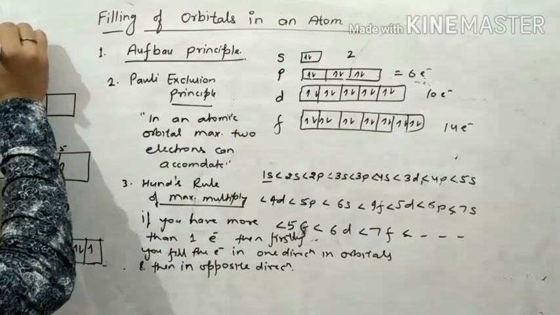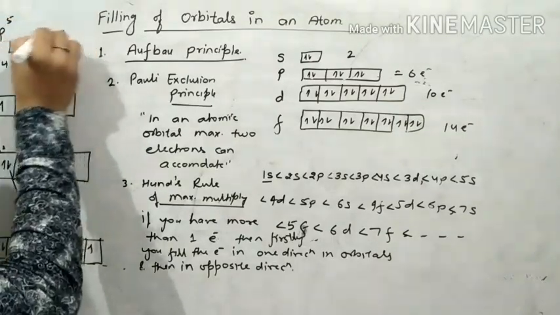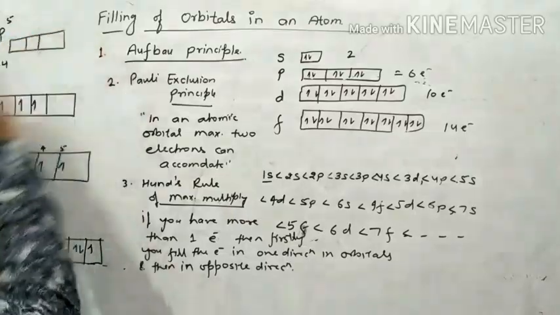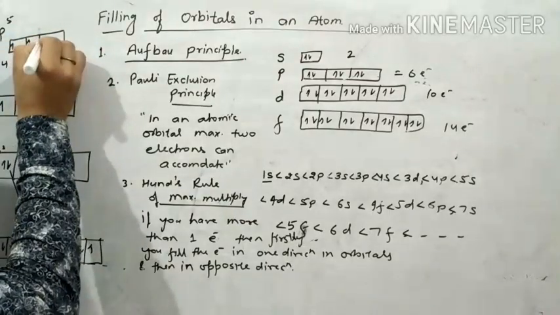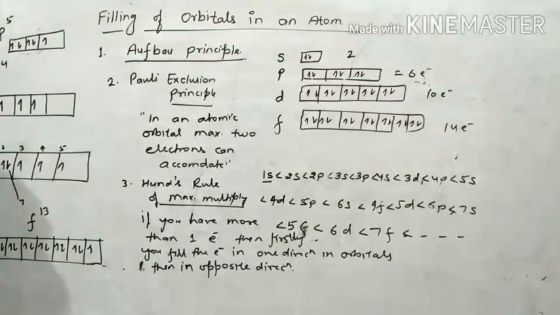If you have p5, then p has 3 orbitals, 1, 2, 3, then 4, 5. So this is called Hund's rule of maximum multiplicity.